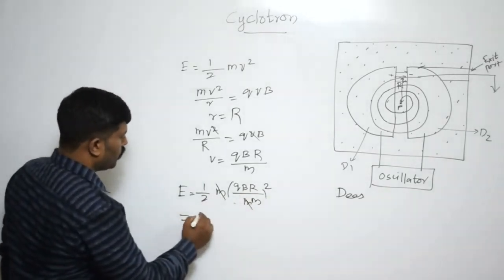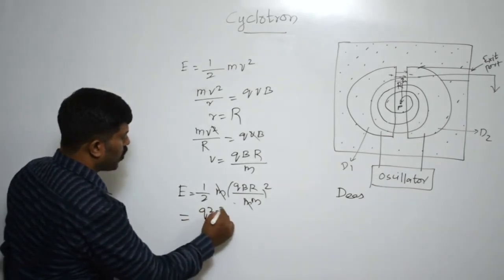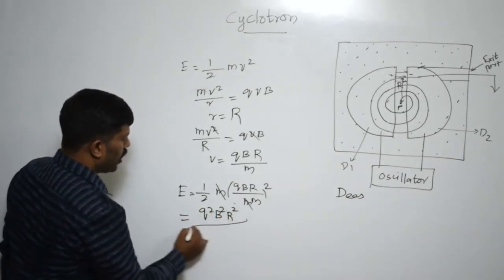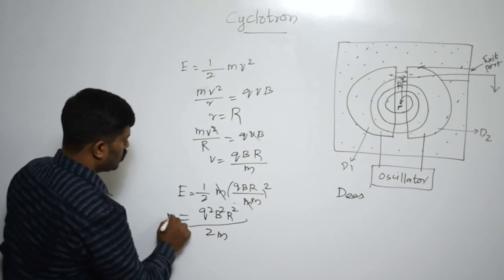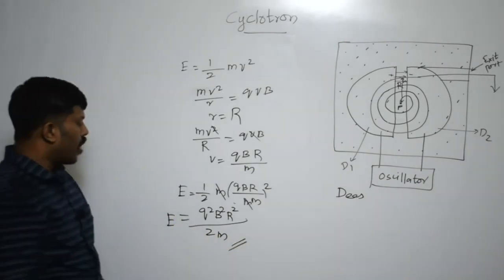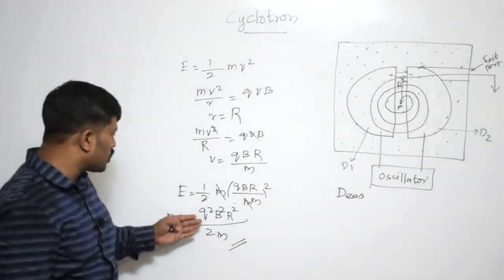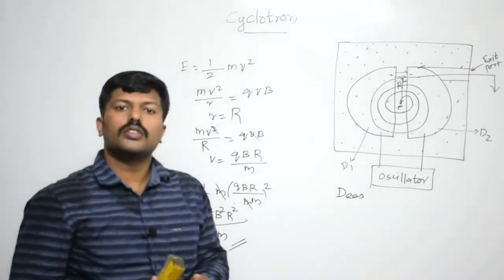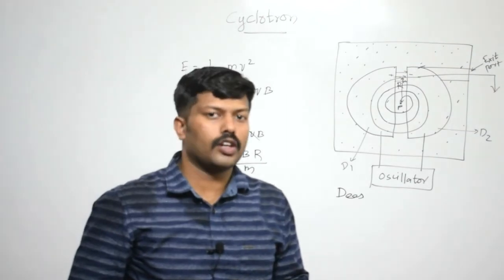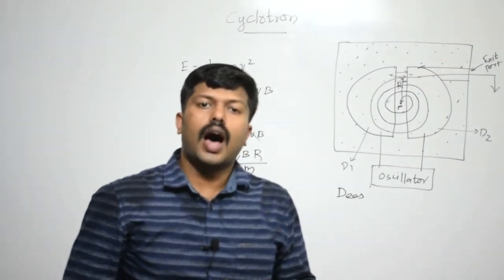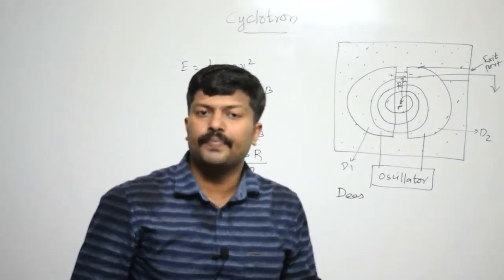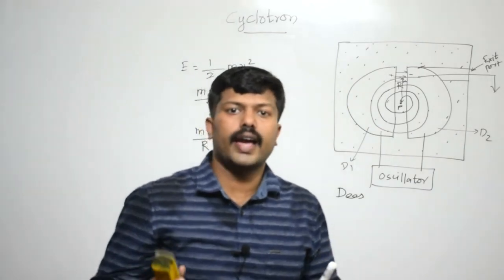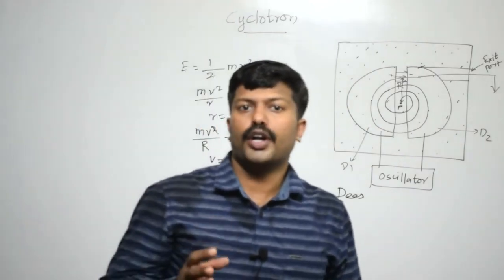So that is equal to Q²B²R² divided by 2M, your formula for energy. So the energy of the charged particle is Q²B²R² divided by 2M. So this is how to find out the energy of the cyclotron. And this highly energized charged particle is used to excite nuclei or bombard nuclei.